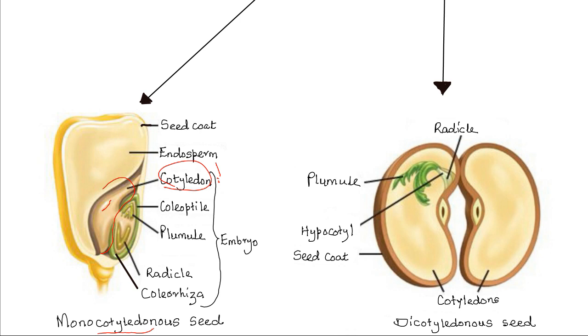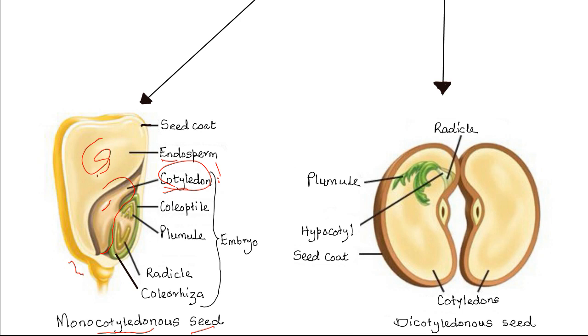There is usually a large, massive endosperm that acts as the main food storage structure. Examples of such plants that have one cotyledon, thus they are monocotyledonous seeds, is the maize plant.